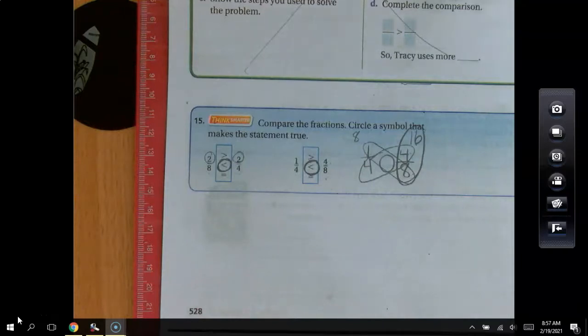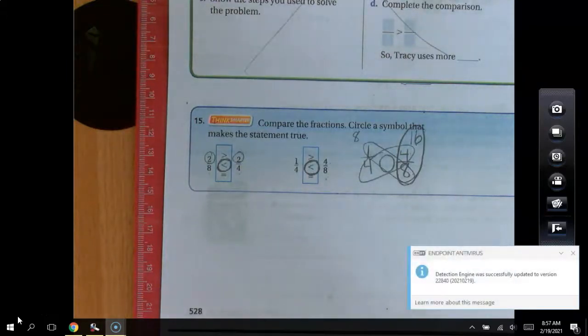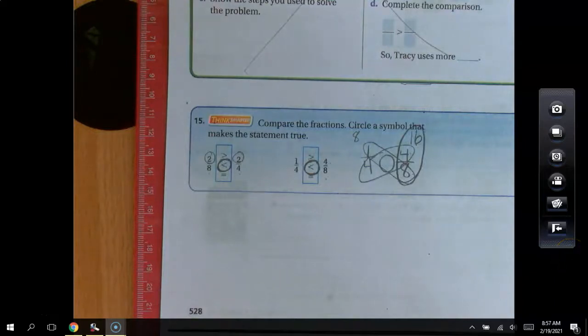Please make sure when you complete your assessment, that you ask yourself those questions, okay? If you're doing it on the computer, get a scrap piece of paper, rewrite those fractions and work it out on paper before you choose your symbol or your answer, okay? All right, great job, boys and girls.